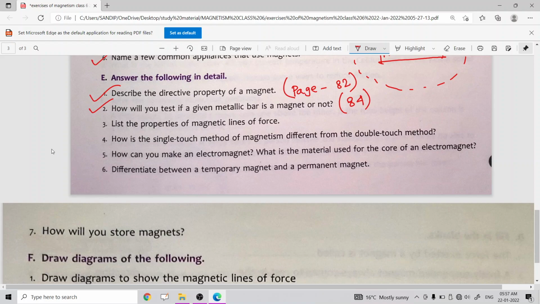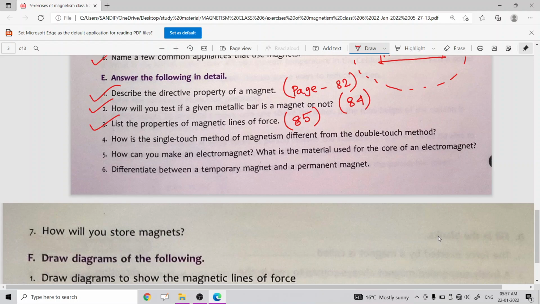Now we move to our next question, that is, list the properties of magnetic lines of force. You can also get it from page number 85. Magnetic lines of force are continuous curved lines.